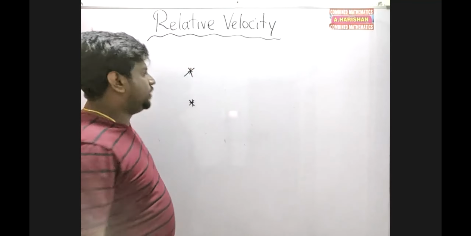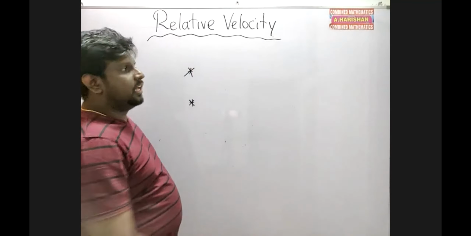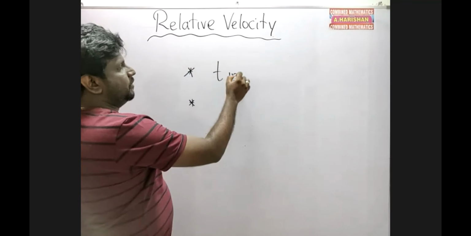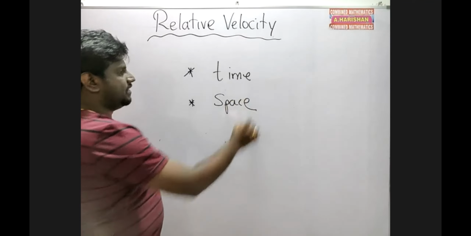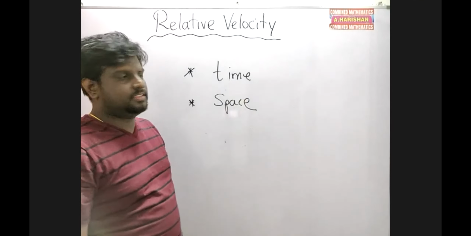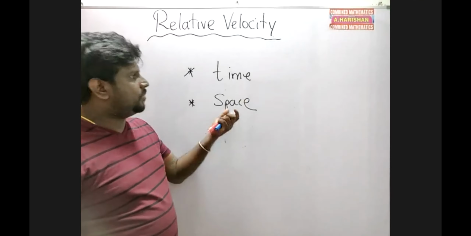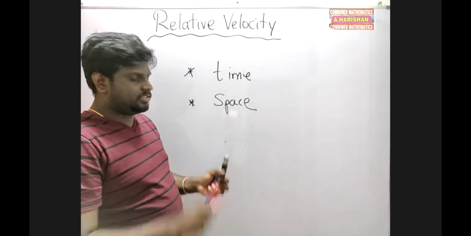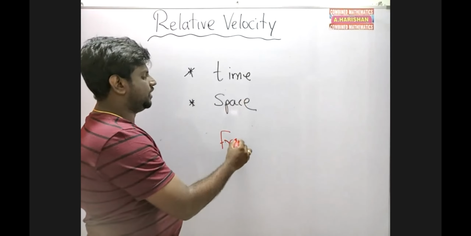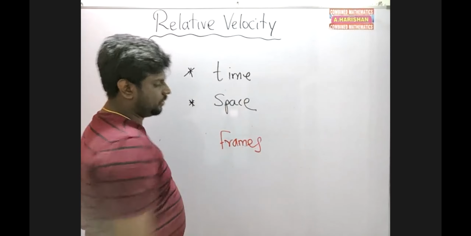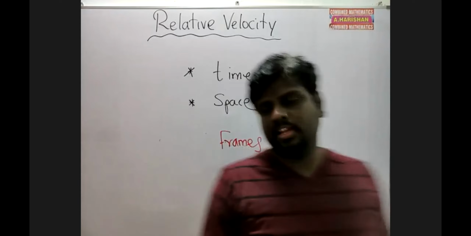Under that topic, 2 things are very important. One is time, the other one is space. What do you mean by time and what do you mean by space here? What we define is that there are frames. This is what we are going to learn.